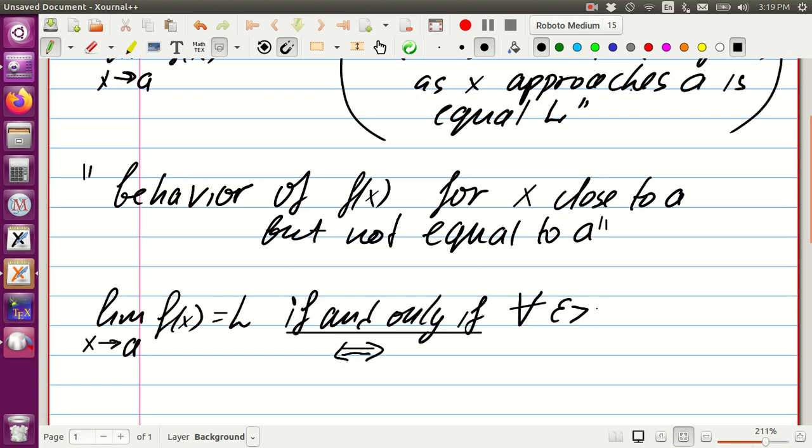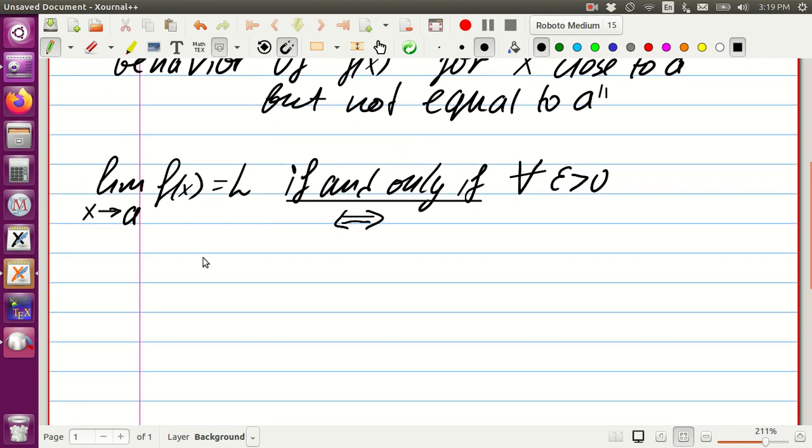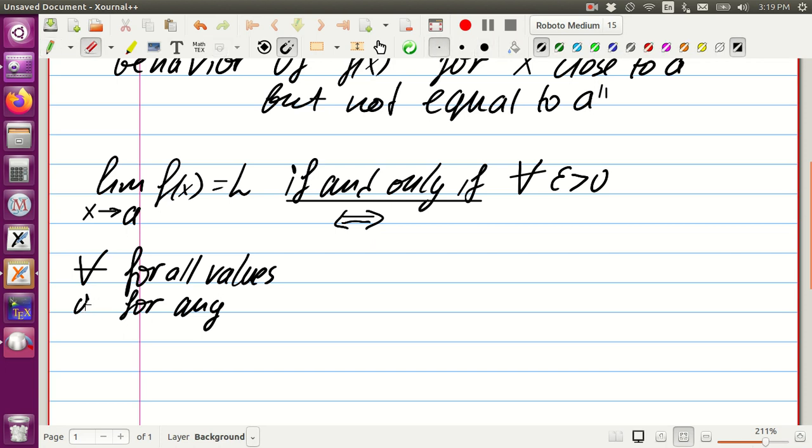This is the Greek letter epsilon. Maybe I'll start explaining on the left. This symbol says "for all values," or some people think "for any." It's pretty much the same thing.